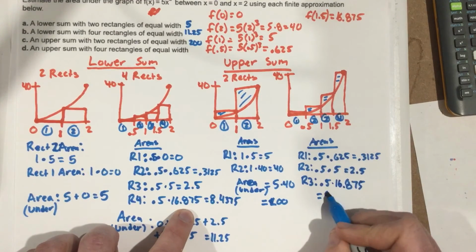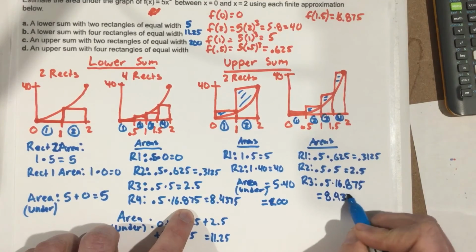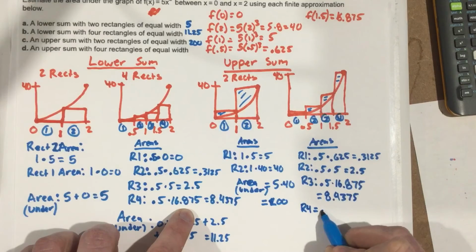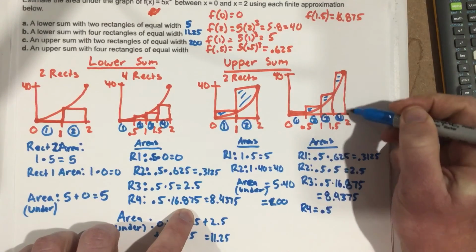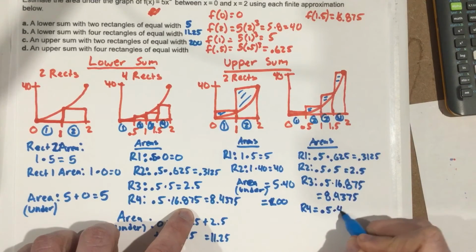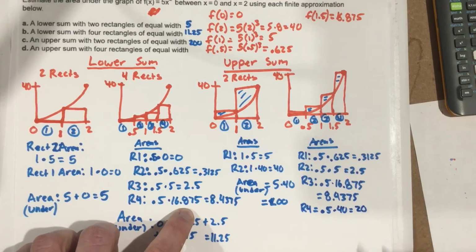That gave you 8.4375. And finally, rectangle 4 is going to be 0.5 times f of 2, which we know f of 2 to be 40. So this will be 20.